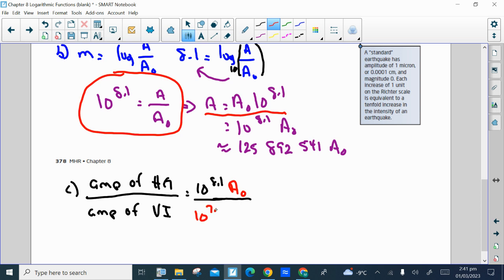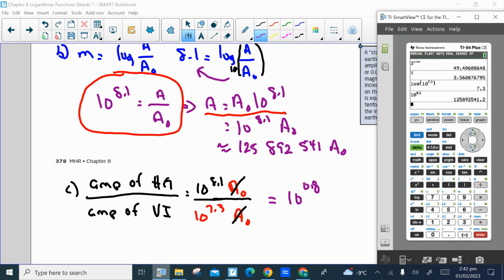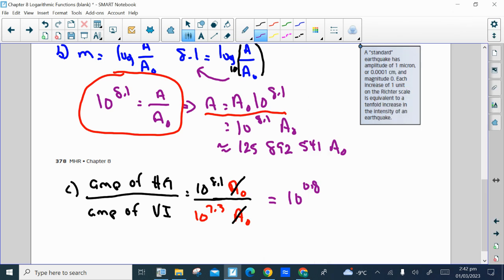It'll be 10 to the power 7.3 times A sub 0. And yes, the A sub 0s will cancel. And now you're actually just dividing two powers with the same base. The law says you subtract the exponents and keep the base the same. It'll be 10 to the power 0.8. When you subtract 8.1 minus 7.3, that's where the 0.8 comes from. So that's approximately 6.3 times as intense.